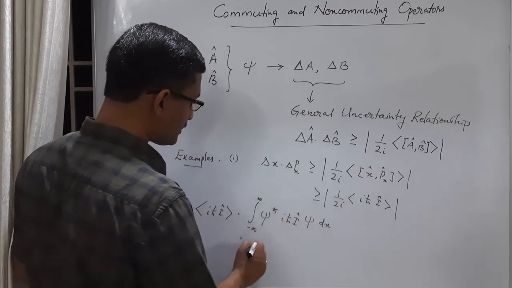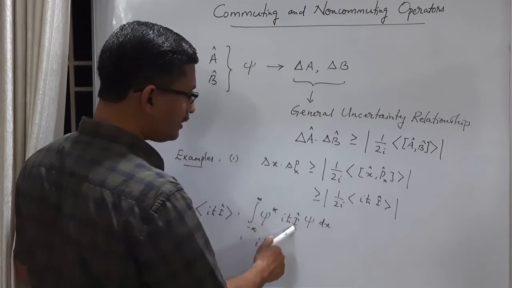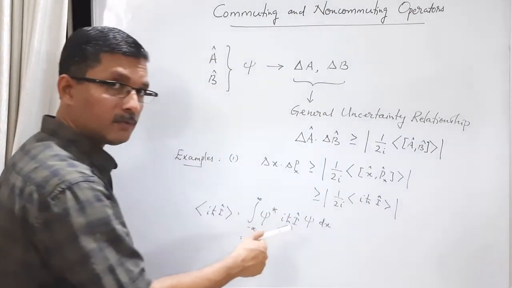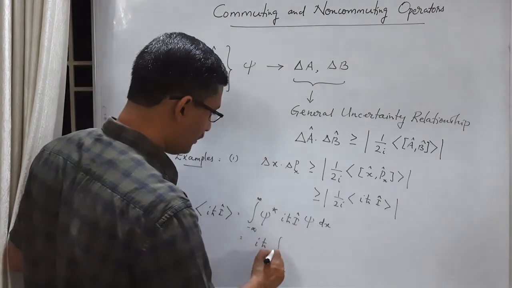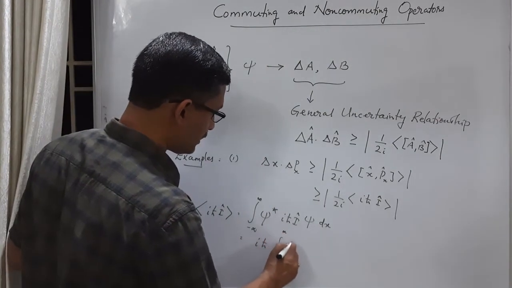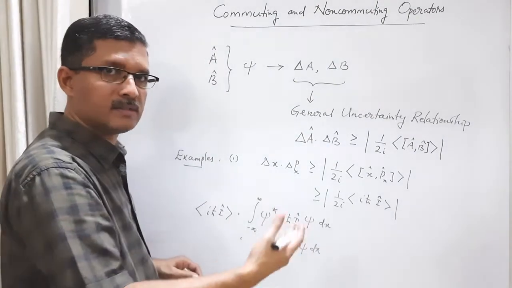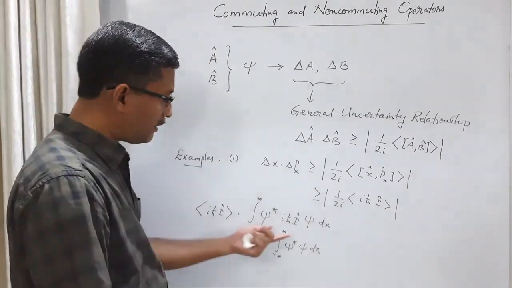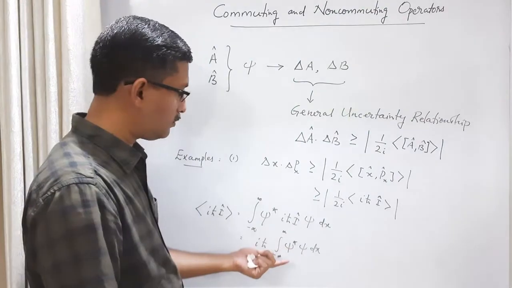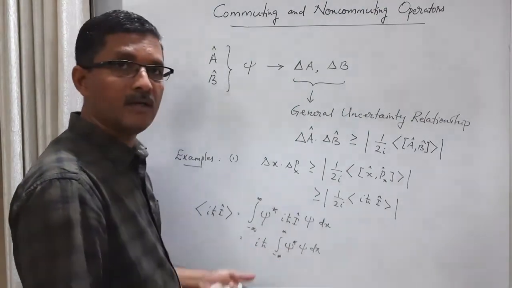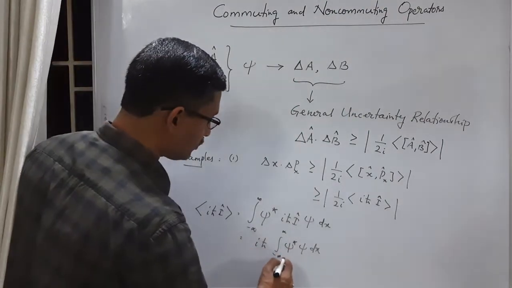Now i h cross is a scalar. Identity operator acting on psi will give you psi itself. So we have integral psi star psi dx. What is this integral? It's a normalized state. That's why the denominator we have taken as 1. So if it's a normalized state, this quantity is equal to 1.